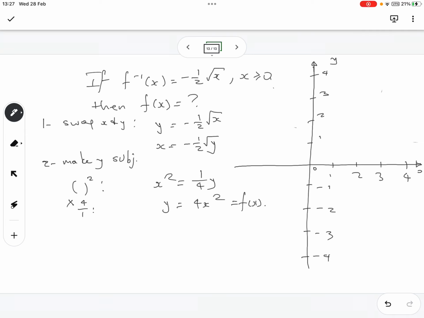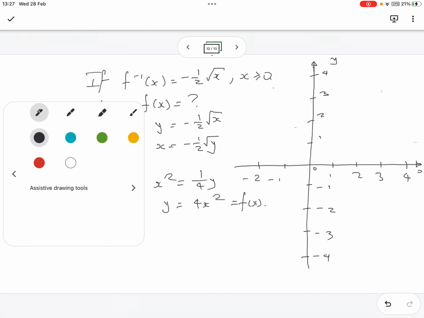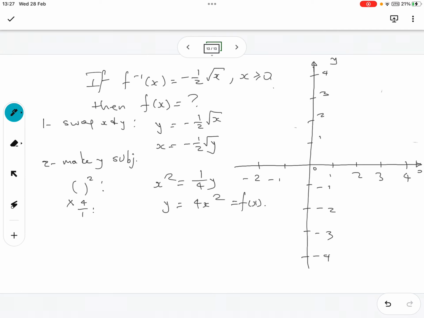That's y, that's x, that's 0. So the blue graph was a straight line and it passed the point 4, negative 1, and 0.